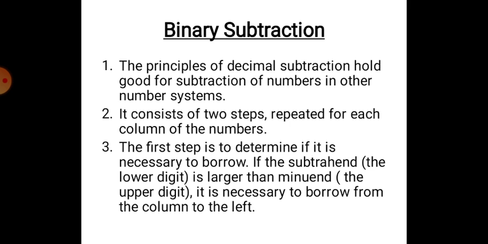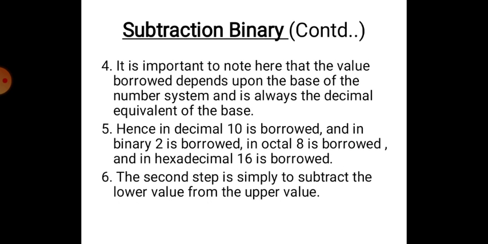Point number 4. It is important to note here that the value borrowed depends upon the base of the number system and is always the decimal equivalent of the base. Students, you very well know when you are working in any number system, what value you borrow depends upon the base of the number system.